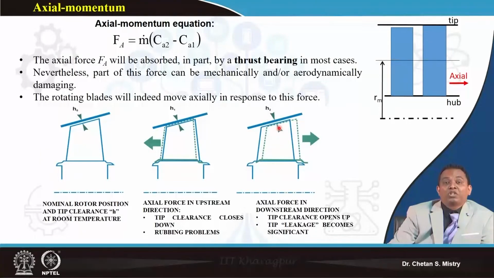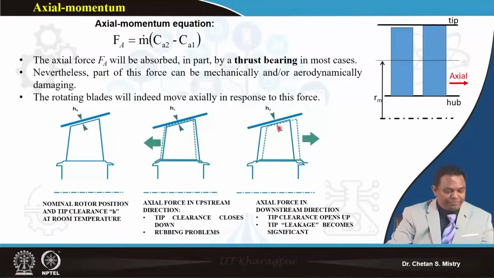In this case the tip leakage flow contribution increases, which reduces the pressurizing capacity of the rotor as well as the efficiency. So we need to take care of the change in axial velocity, because that is responsible for the axial momentum.